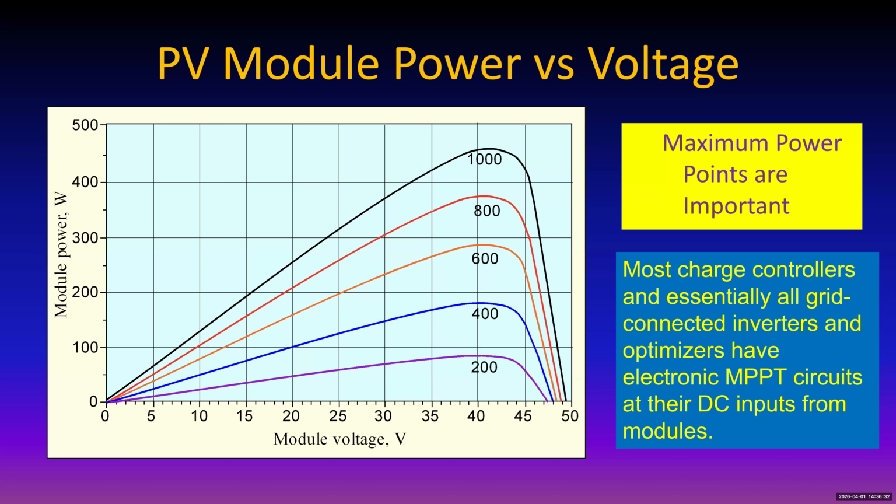So losing 1% of power in order to get 100% of the available power is a reasonable trade-off. The maximum power point tracking normally takes place in the inverter, but we'll see some systems where it takes place at the module itself.